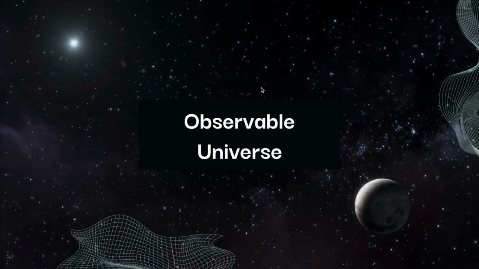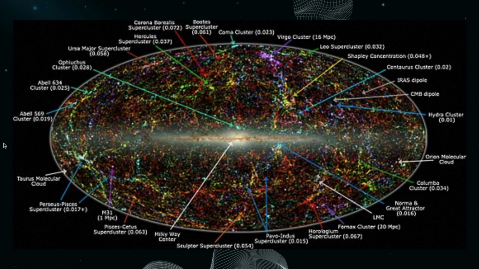And the observable universe is basically what we see right here, which has a bunch of galaxies. The point in the center is the Milky Way, which is where the solar system is. And basically this is all we know that exists, or at least theoretically.